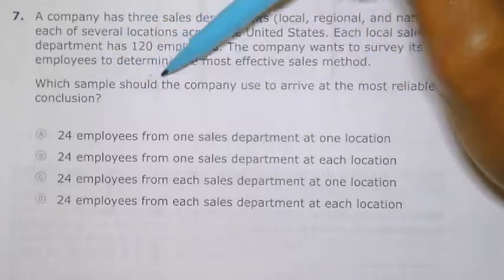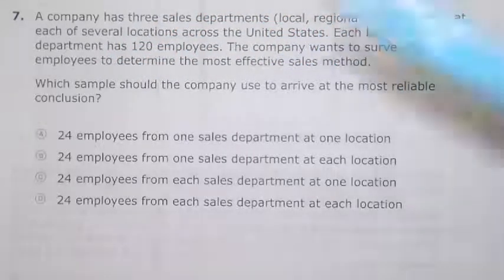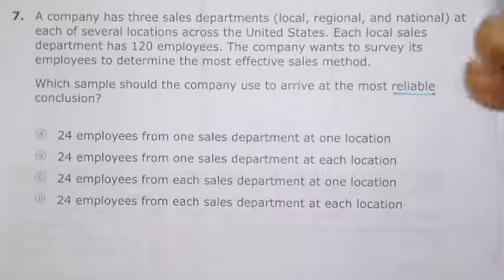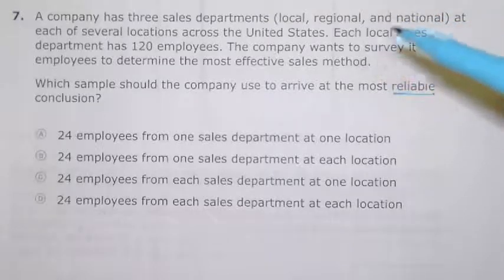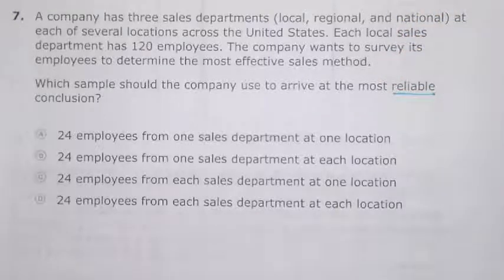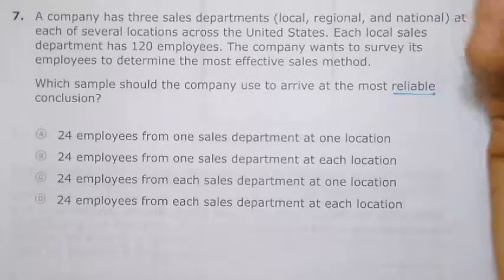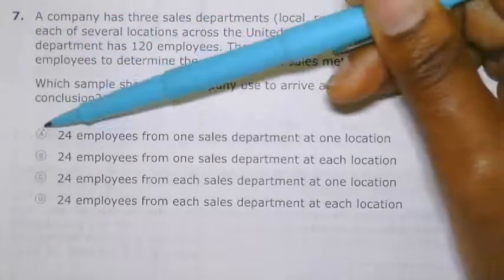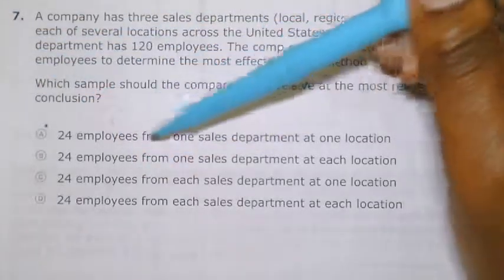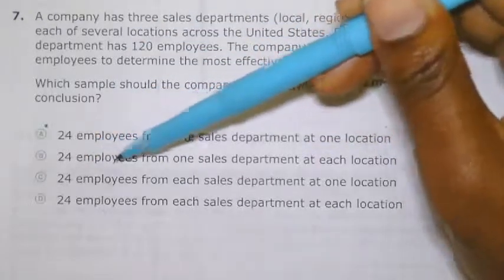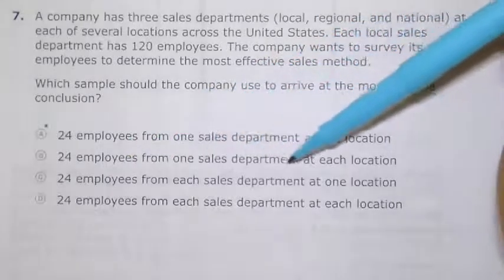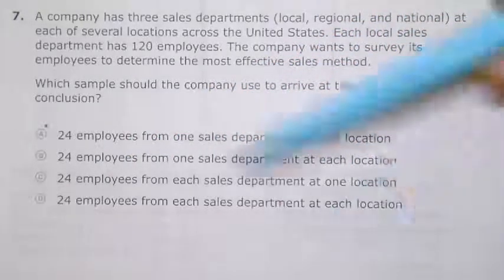Which sample should the company use to arrive at the most reliable, meaning that it is free of bias, and using that sample will give a more fair estimate of what they should do in order to obtain the most effective sales method? Option A says 24 employees from one sales department at one location. B says 24 employees from one sales department at each location.